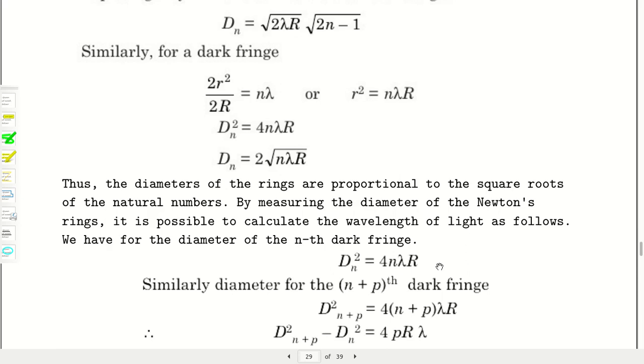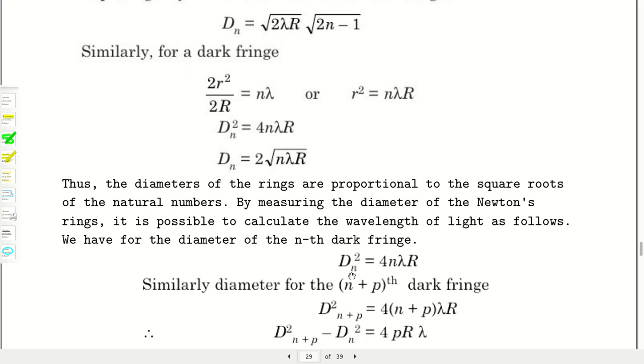If we move the crosswire of the telescope by p dark fringes, that is, after p number of circles we focus our crosswire, we shift the pattern by order n plus p.